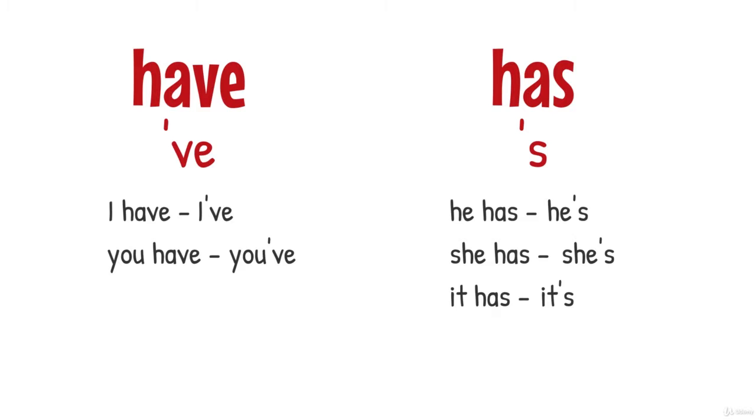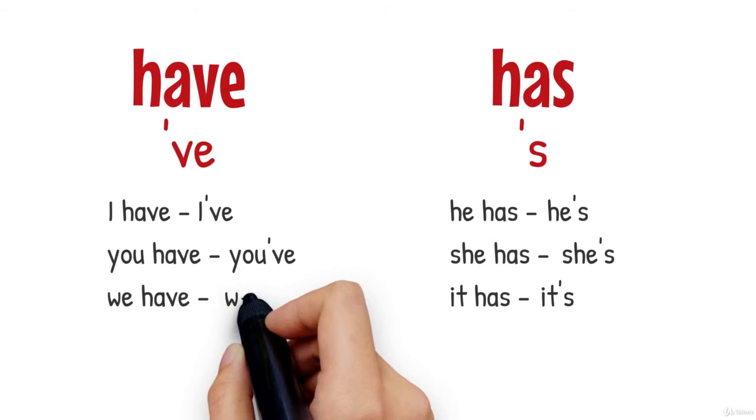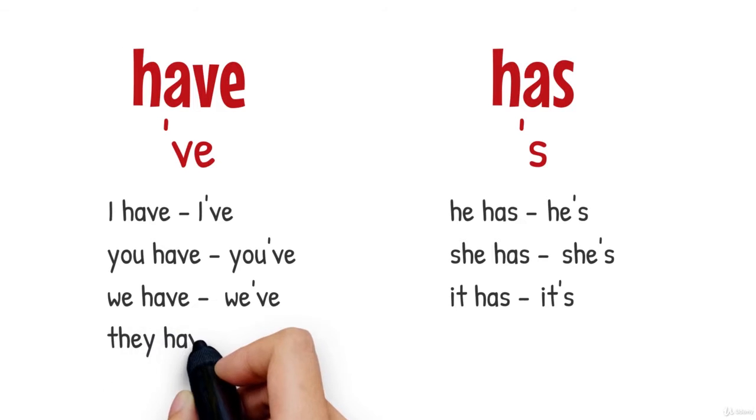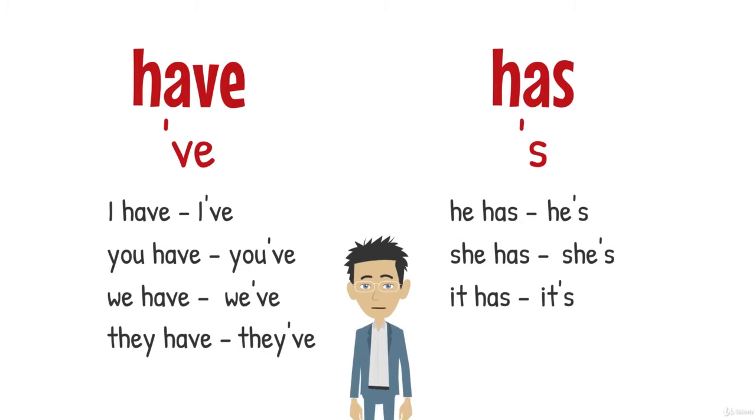Yeah, which looks exactly like he is, she is, it is. We have, we've. They have, they've. These contractions are extremely popular. Native speakers use them all the time. Do beware. We only contract have or has when they are auxiliary verbs, not finite verbs.